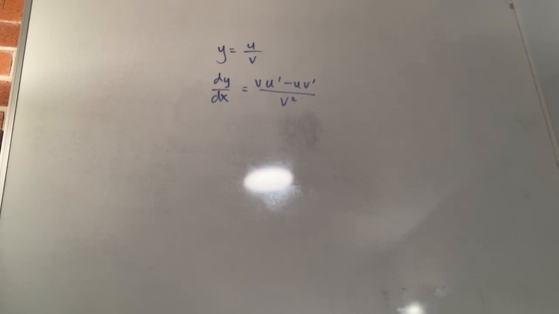U dash would be X, because it's E to the power of X. Oh, I forgot about that. That's U dash. What's V? 2x. Minus.